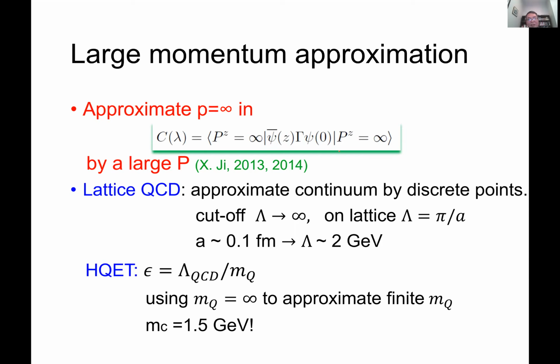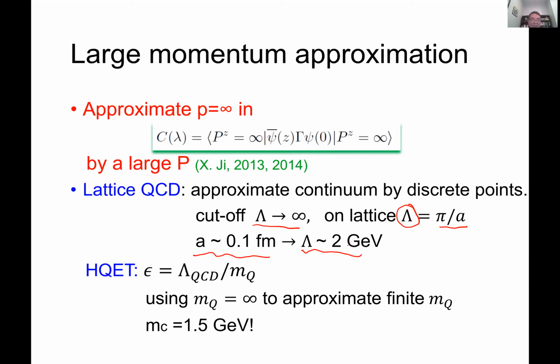We know field theories are defined in continuum space and time, and so therefore the momentum cutoff of the theory goes to infinity. But we can approximate space-time by discrete points, and so therefore on the lattice, this cutoff is going to depend on the lattice spacing a. And in lattice calculations, people typically use a lattice spacing of, let's say, 0.1 Fermi, which corresponds to a cutoff equal to 2 GeV. And that's not infinity.